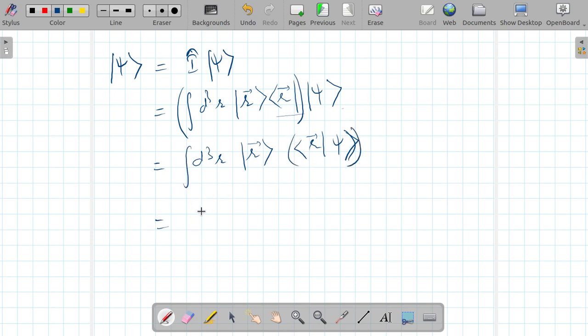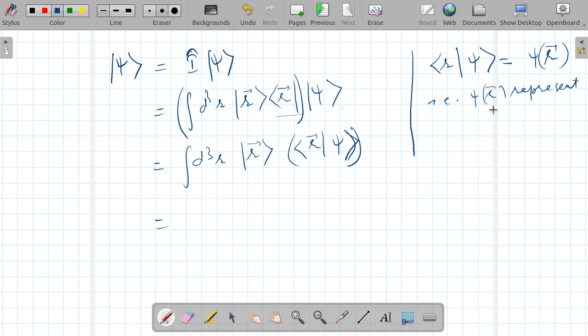As we know, bra R ket psi is basically psi of R. That is, psi of R represents the components of psi in the ket R basis.